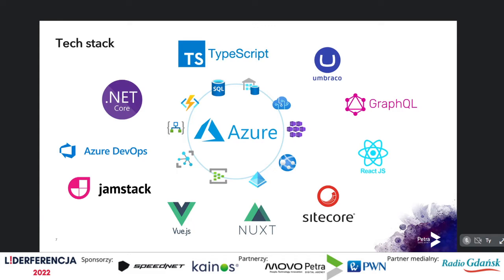It's moved a lot more to JavaScript frameworks like React and Vue in the latest years, and languages like TypeScript and GraphQL, and then, of course, JAMstack that we're going to talk a little bit more about today.